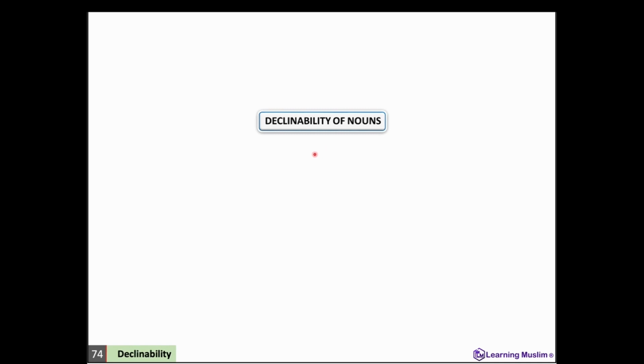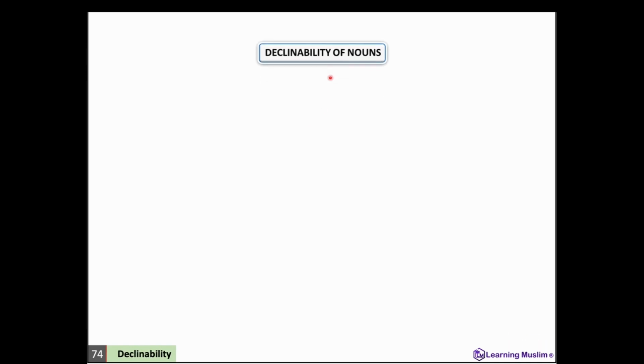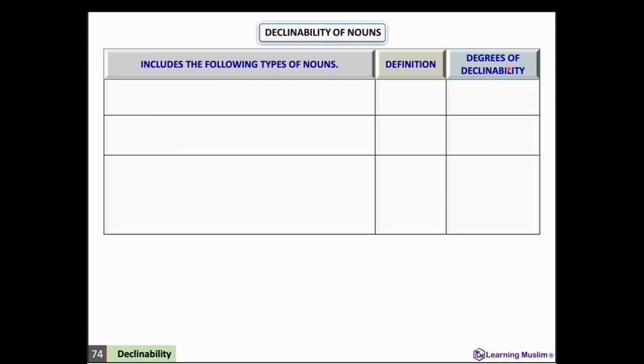So, declinability of nouns. We have degrees of declinability, and they are mu'arab, declinable, mabni, indeclinable, and غير منصرف, semi-declinable. And this is called a diptote in English grammar. So the definitions of these loosely are: mu'arab, these nouns can change.